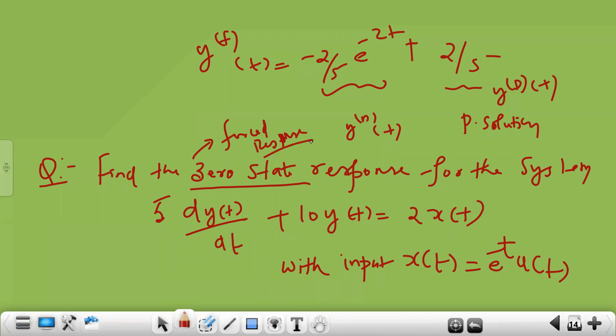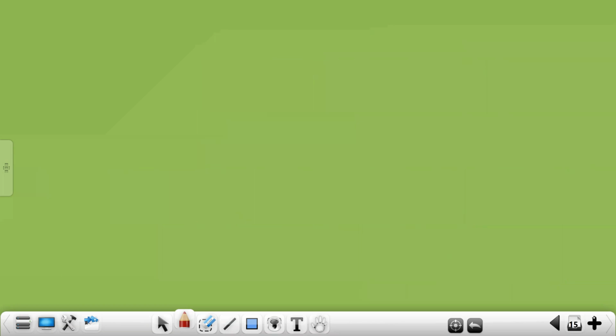Please take down the question. Then you can find the natural response and tell me the characteristic equation. After setting your right hand side 0, your characteristic equation will be 5 dy of t by dt plus 10 is equal to 0.